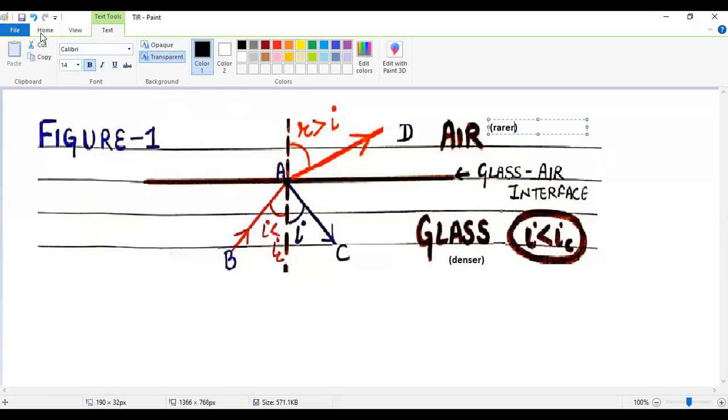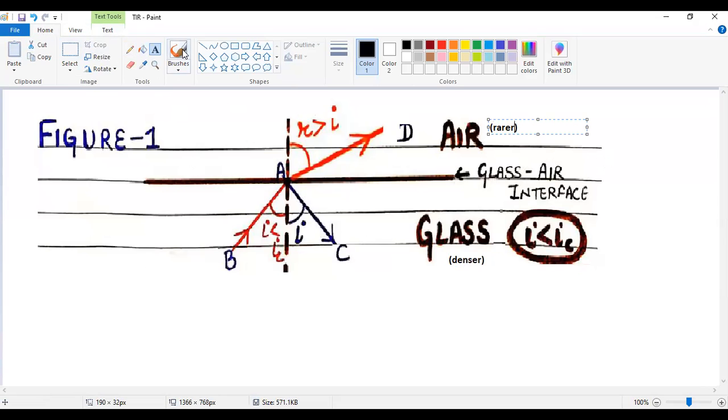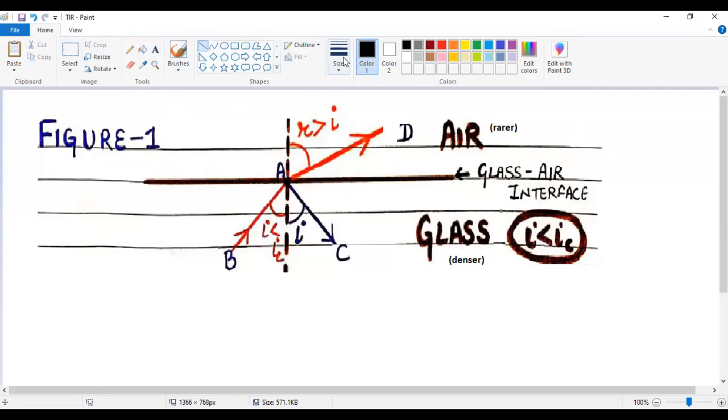Now here we will be drawing the light of incidence as shown in figure number 1. Light AB is representing incidence ray.